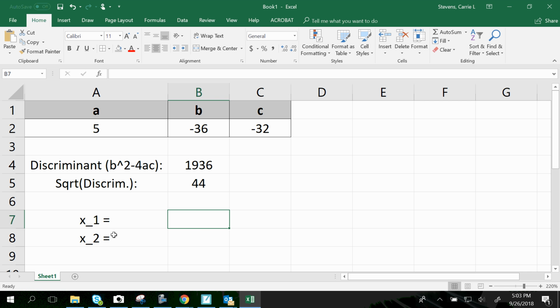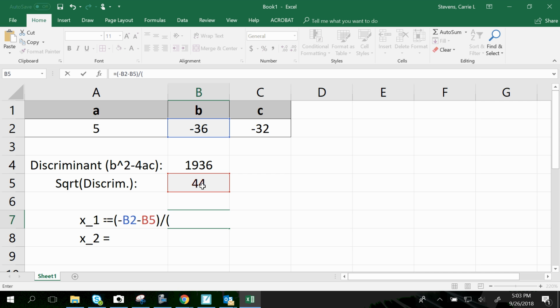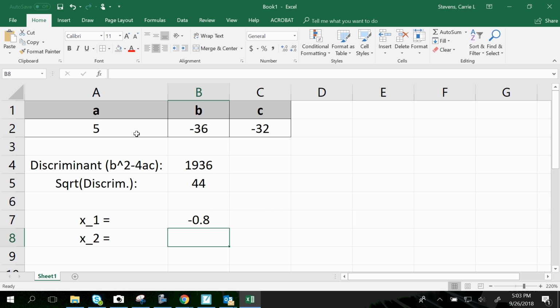So we know that x was going to be, in the numerator, negative b, plus or minus, we'll start with minus first, minus the square root of the discriminant, and then all of that was divided by 2 times a. Right?